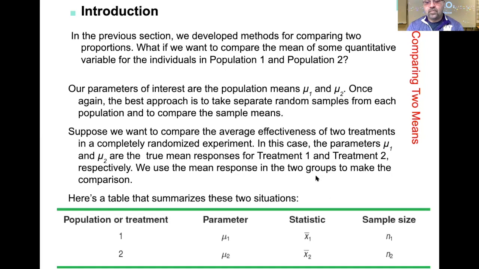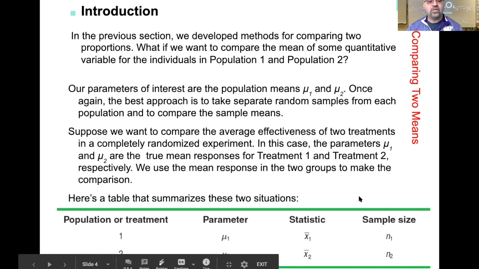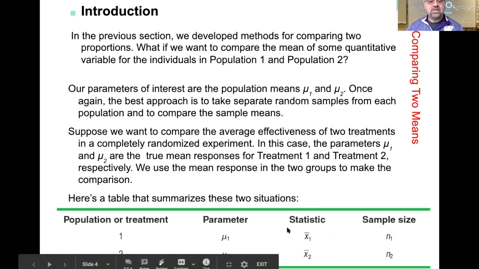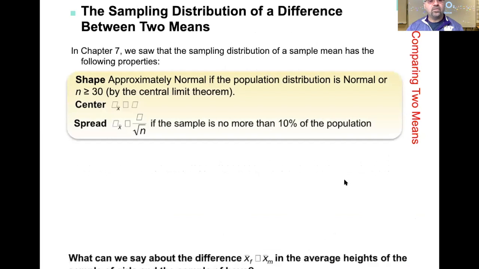So they don't have to be the same size samples, of course, so you can have two populations, with sample sizes n1 and n2 from each population. And that's really the bulk of the work, to come up with these statistics and to see what that tells us about our parameters.